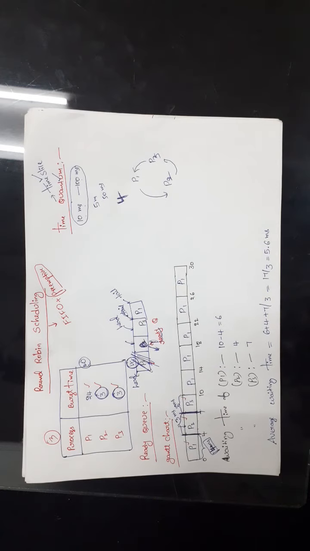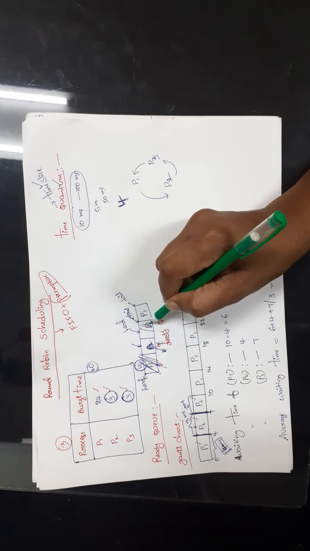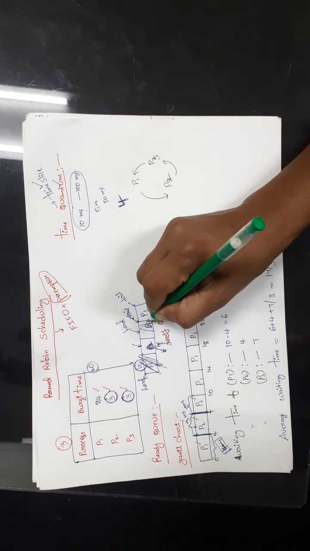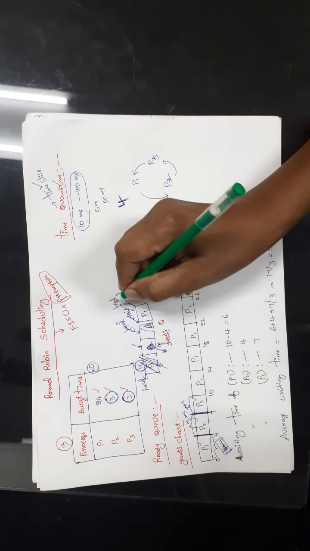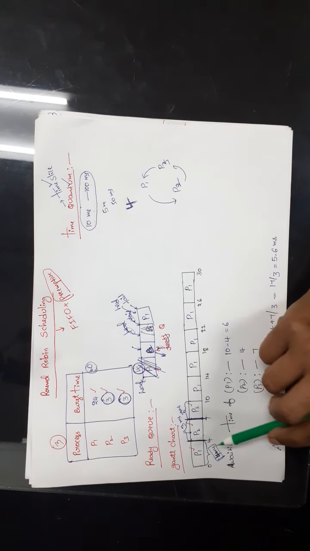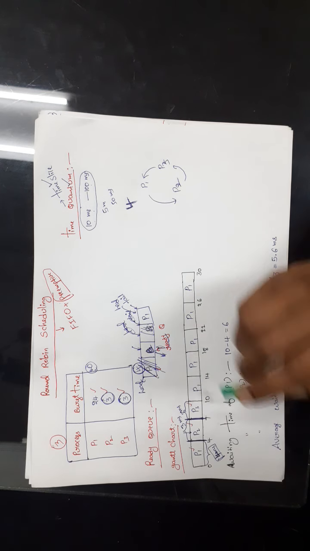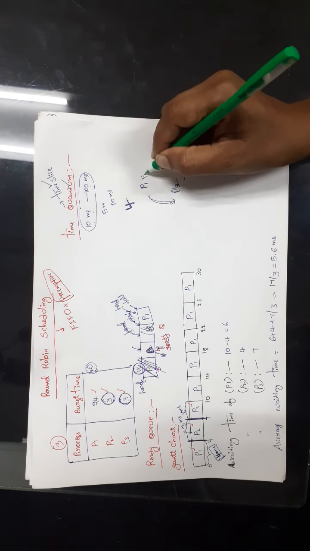Okay. So now let us assume that P3 has finished its execution. So now we will remove P3 from the ready queue and now head will be moved to this place. Okay. So here if you observe, first P1 will be executed, then P2, then P3, then P1. That means first P1 will be executed, after that P2, after that P3.